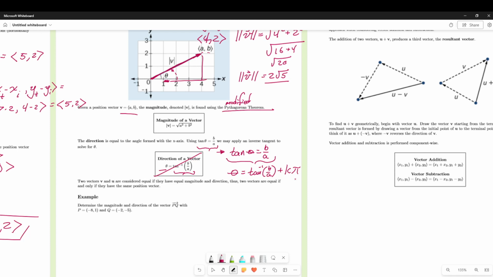Hopefully we'll see an example of that. I'm sure there are examples of that in your homework, so just be careful about assuming the answer you're getting from the tan inverse is correct. It might be pointed in the opposite direction that you want to go because of the nature of the tan inverse.